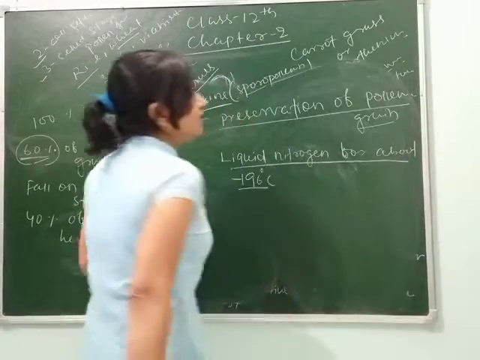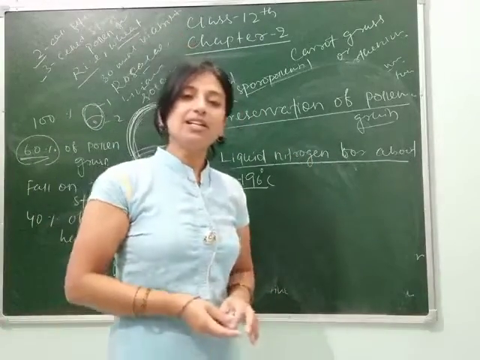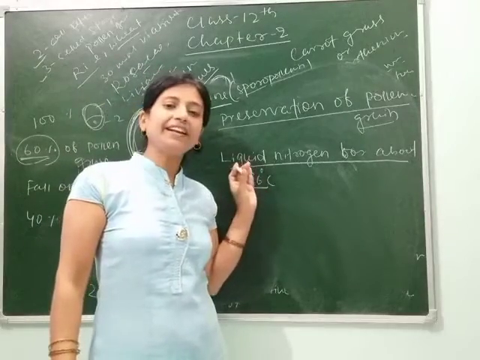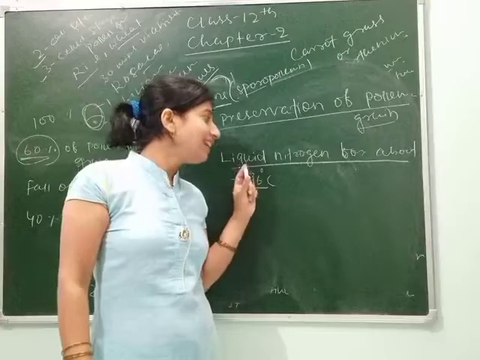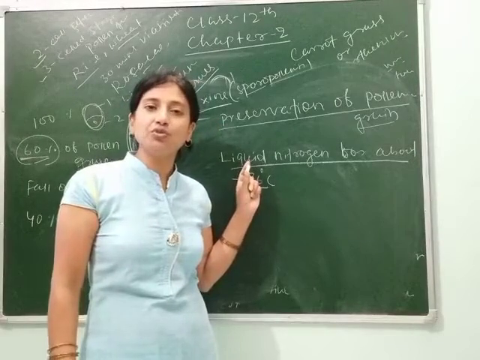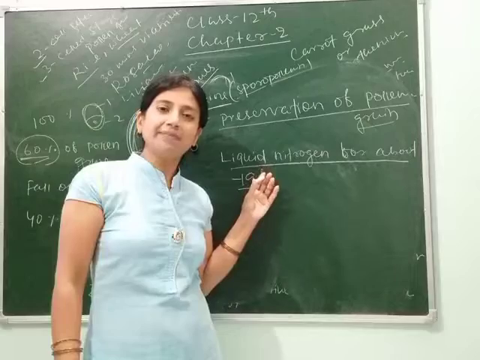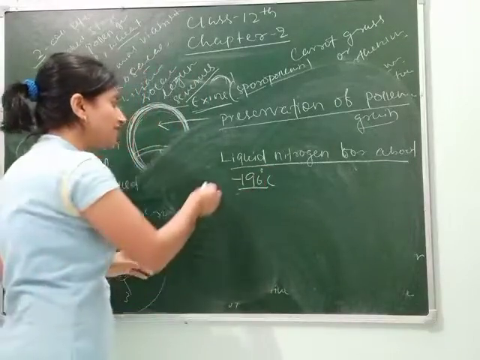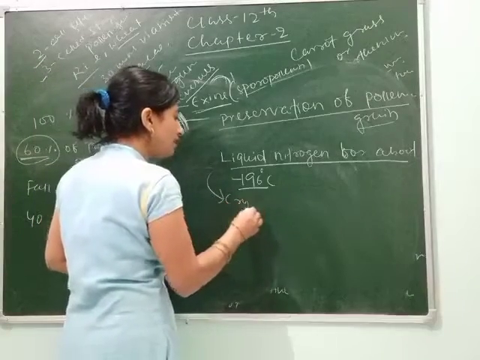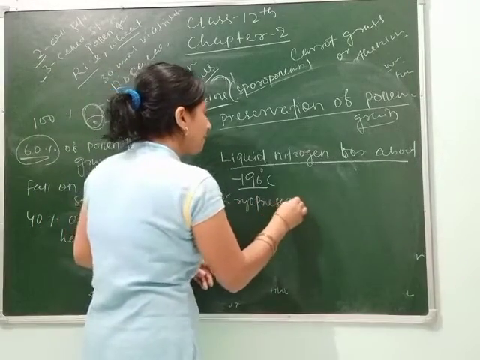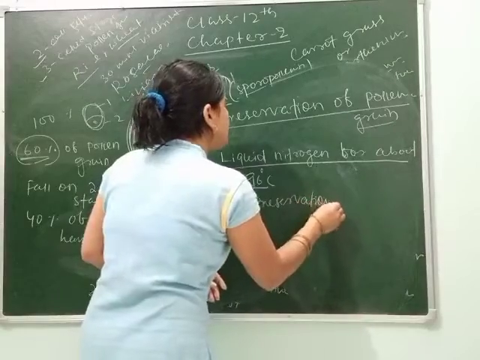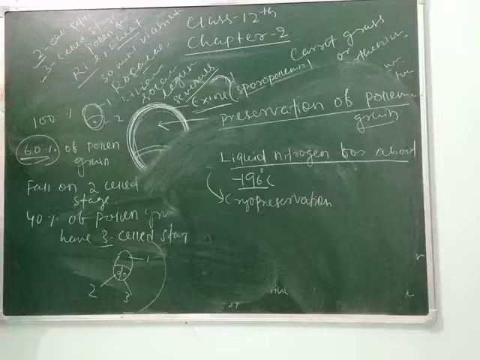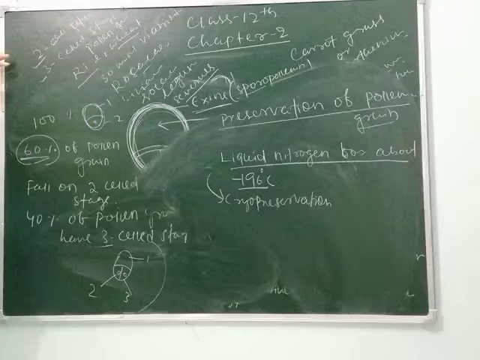As we know, in many species of animals sperms are also stored in liquid nitrogen. Like sperms, pollen grain is also stored in liquid nitrogen for future use, in seed banks and in cryopreservation. This technique is called cryopreservation.